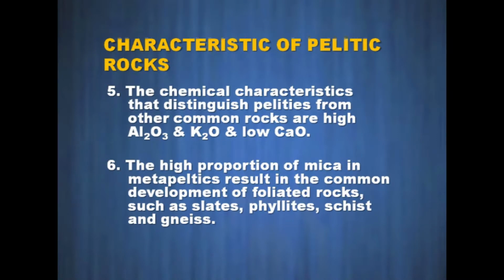Fourth, other common constituents include feldspar, both albite and potash feldspar, iron oxides and hydroxides, zeolite, carbonates, sulfides, organic matter, etc. Fifth, the chemical characteristics that distinguish pelitic rock from other common rocks are high Al2O3 and K2O and low CaO.